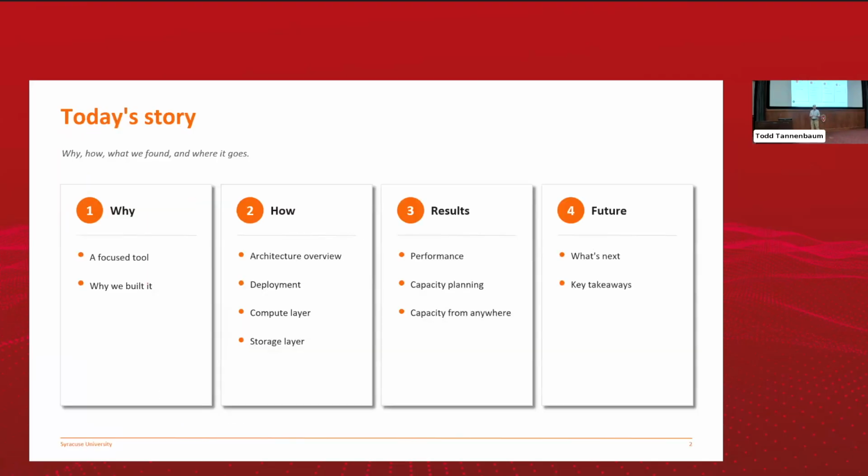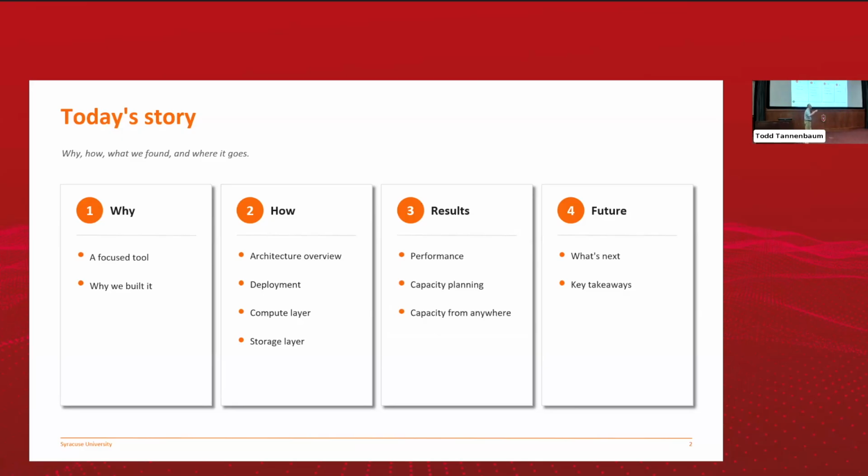So what are we going to talk about today? We're going to talk about the why. This tool set with a focus, I should say more, and why we built it, and how. I'll give you an architectural overview. We'll look at a mermaid graph of this whole thing.